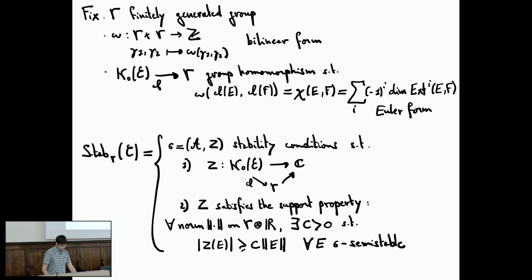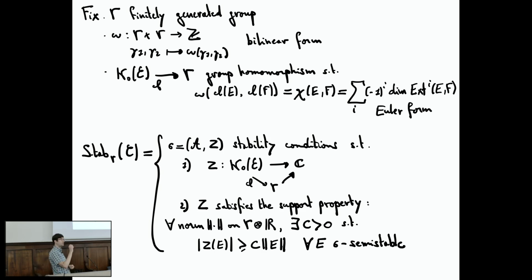And so if you think about what this is telling you: if you have control on this complex number Z of E, then you get a kind of control on the classes of the object E. In particular, if you have a bound on the modulus of the complex number Z of E, you get a bound on the norm of E. And if you think of objects E having classes in this lattice Gamma, it means you restrict your lattice to a ball of a given radius.